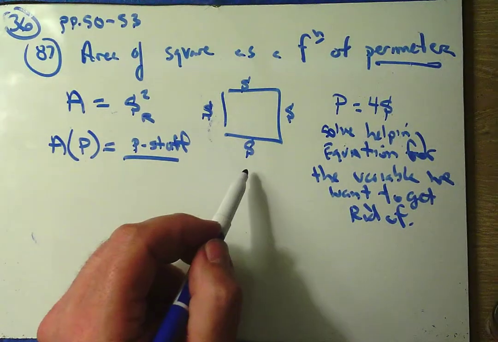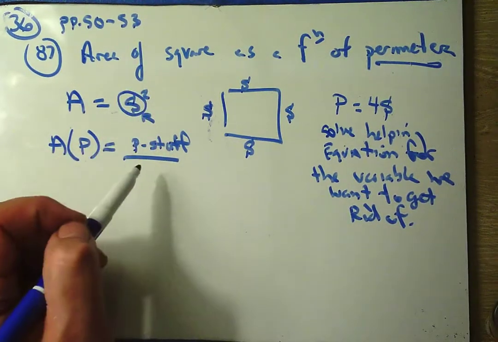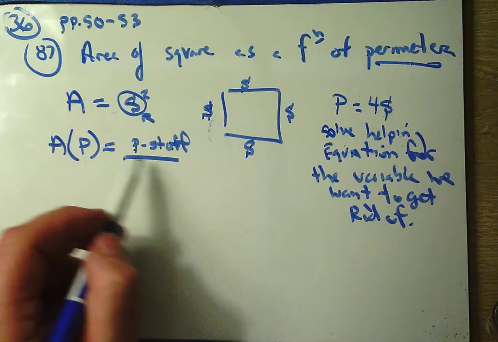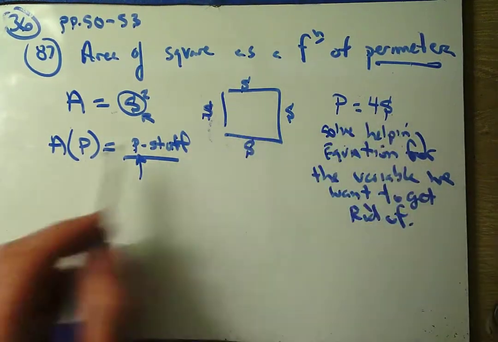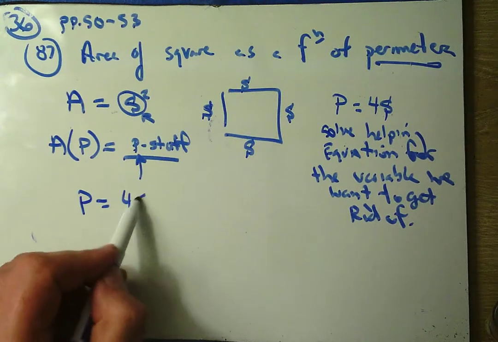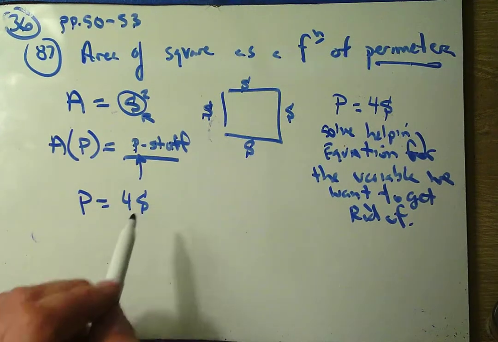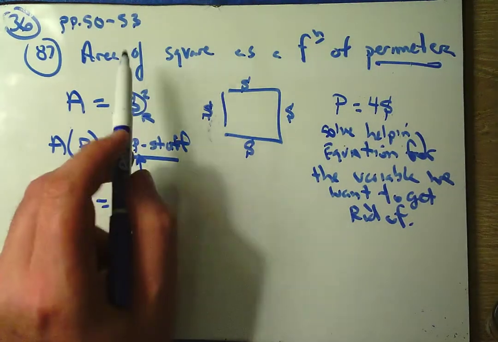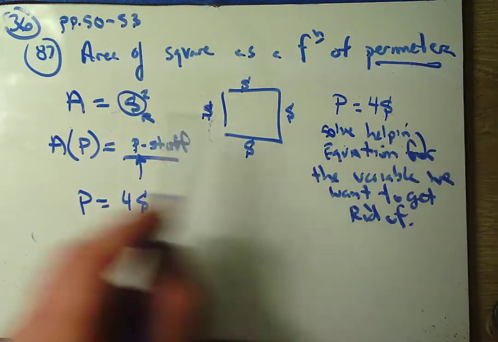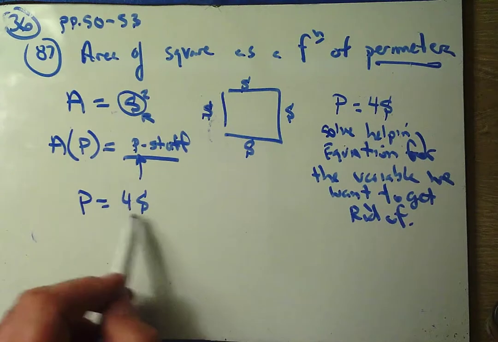What variable do we want to get rid of? We want to get rid of S. What variable do we want to have? We want to have P in our answer. So I have to take this equation, P equals 4S, and I have to solve it for the variable I want to get rid of. I want to get rid of the S so I can have area as a function of perimeter, not area as a function of side length.